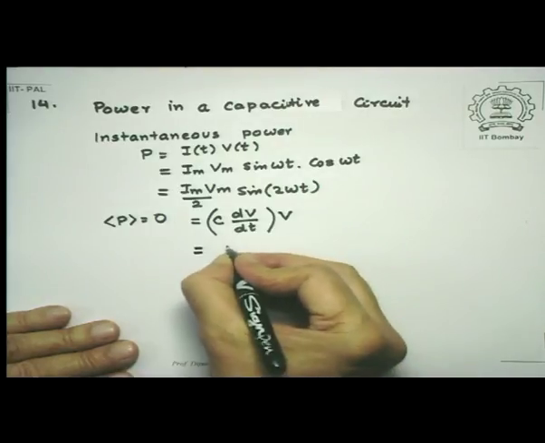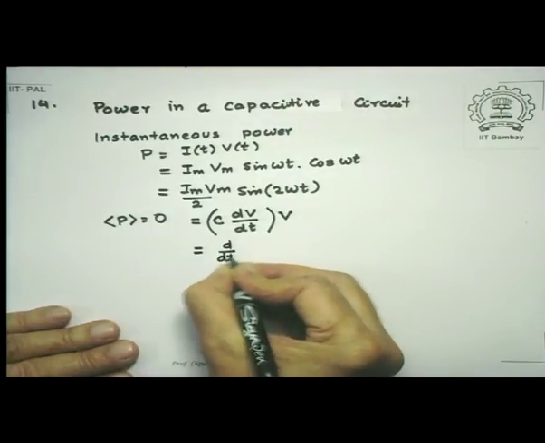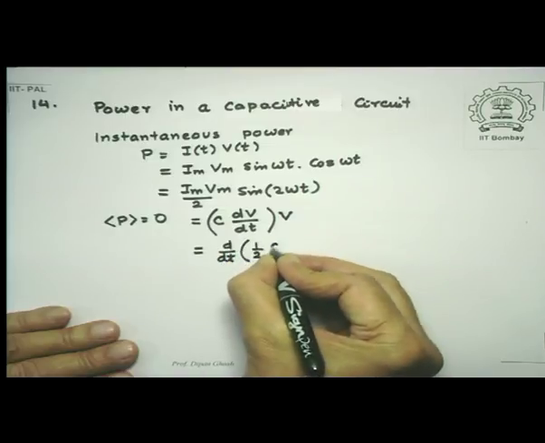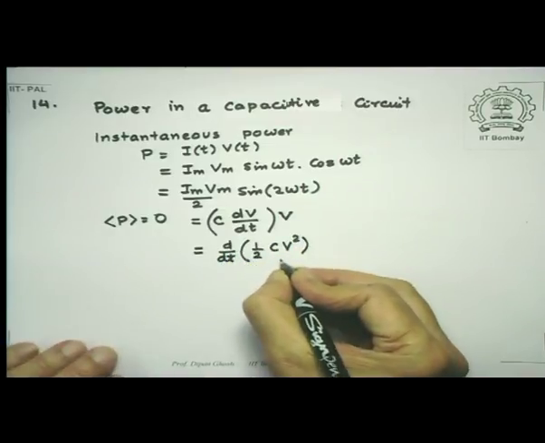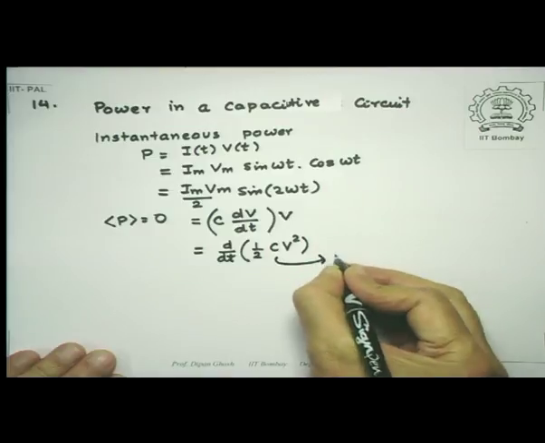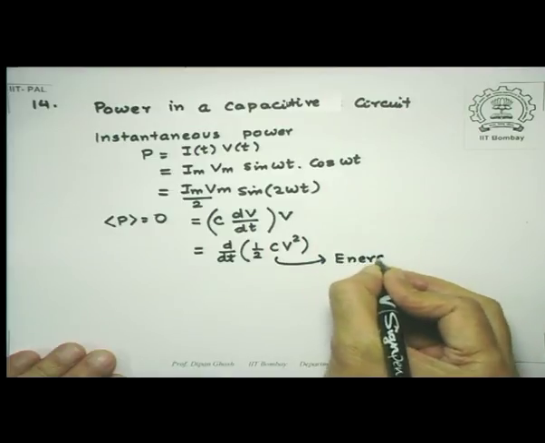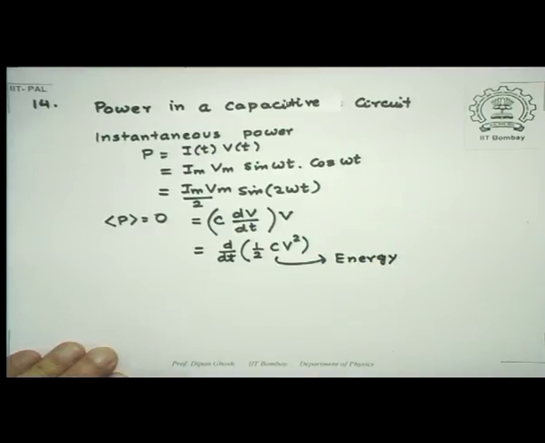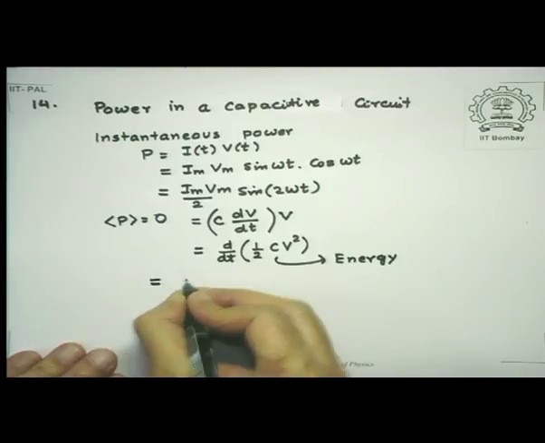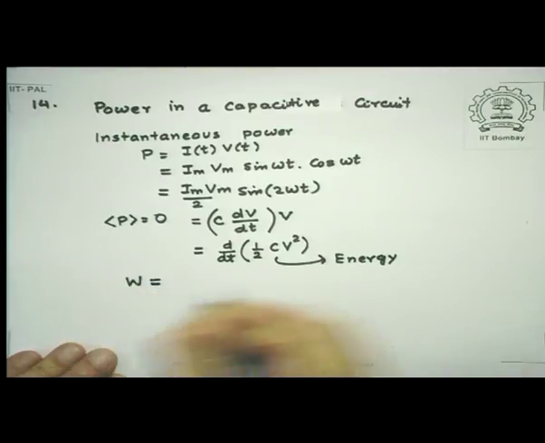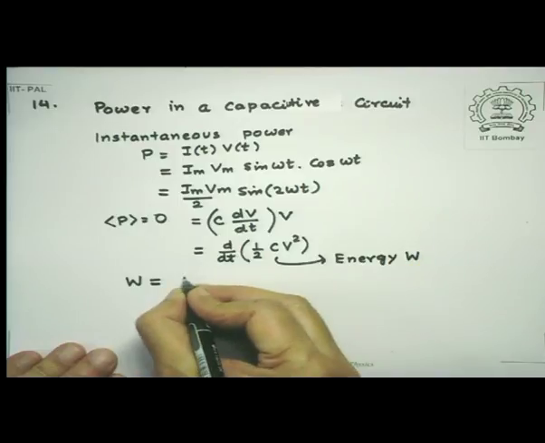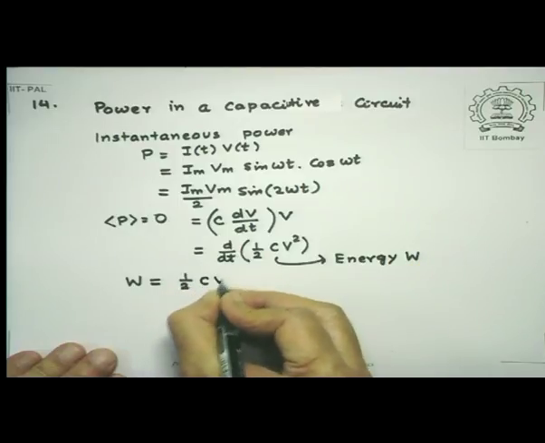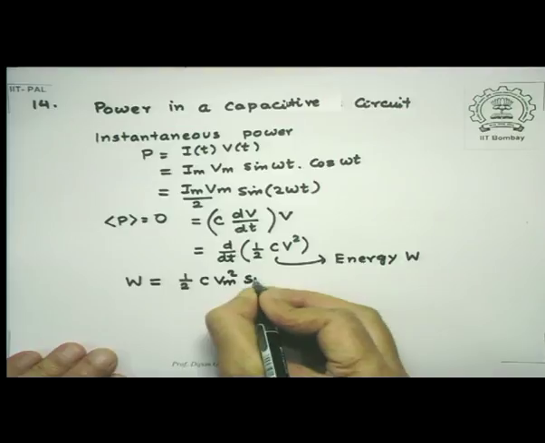So this can be rewritten as d by dt of half CV square. And this is the amount of energy, which is of course positive, and let's call it W. That W is given by half C Vm square sine square omega t.